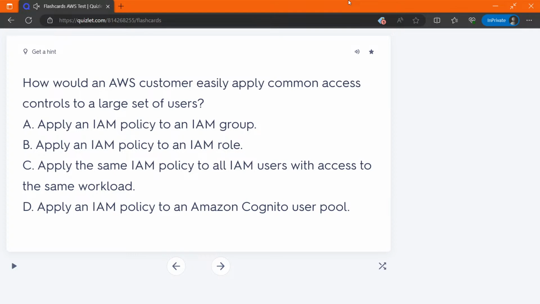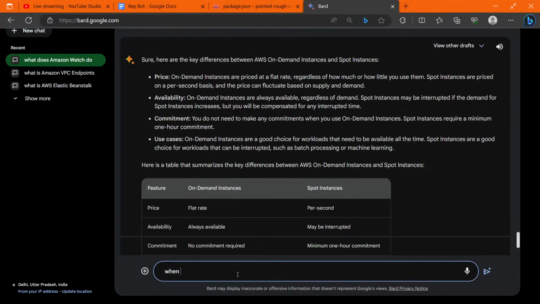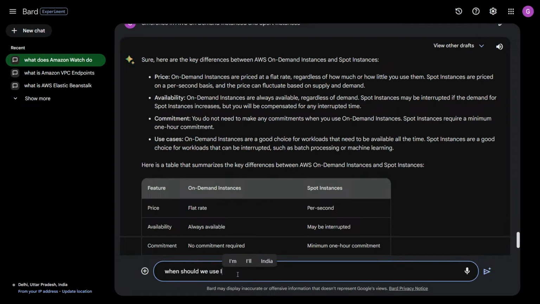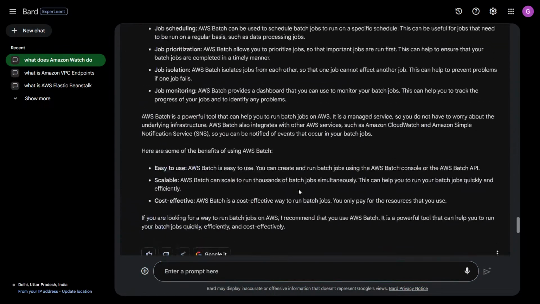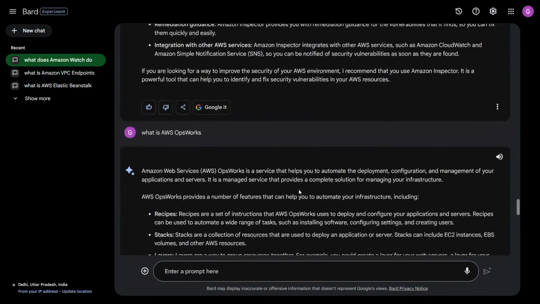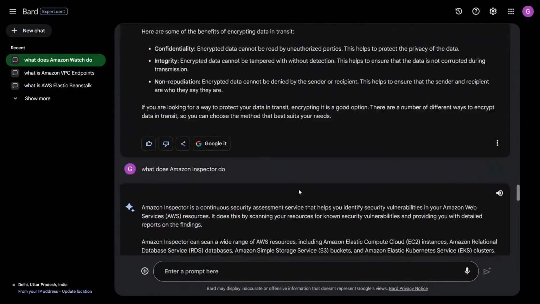I made this mistake last time as well, but I'm not sure. Why do we use group instead of role? So I will go to my boy Bard. When should we use IAM group and when should we use IAM role? And by the way, I just realized I missed the answer for a beautiful question I asked.